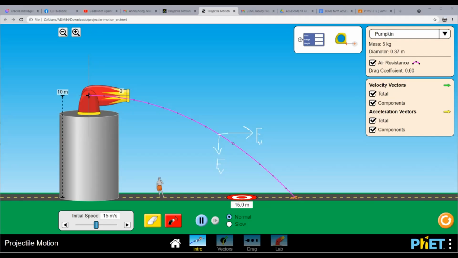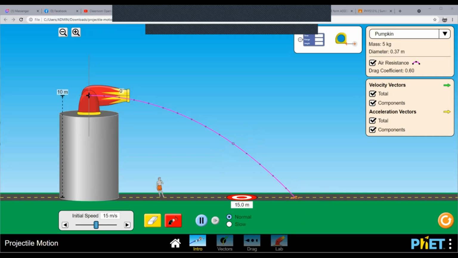And you would notice there is an impact. Once the object reaches the ground, then there is an impact in the ground. So that means we will also have horizontal as well as vertical component of the force created upon impact of the projectile to the ground. That's how we illustrate projectile.